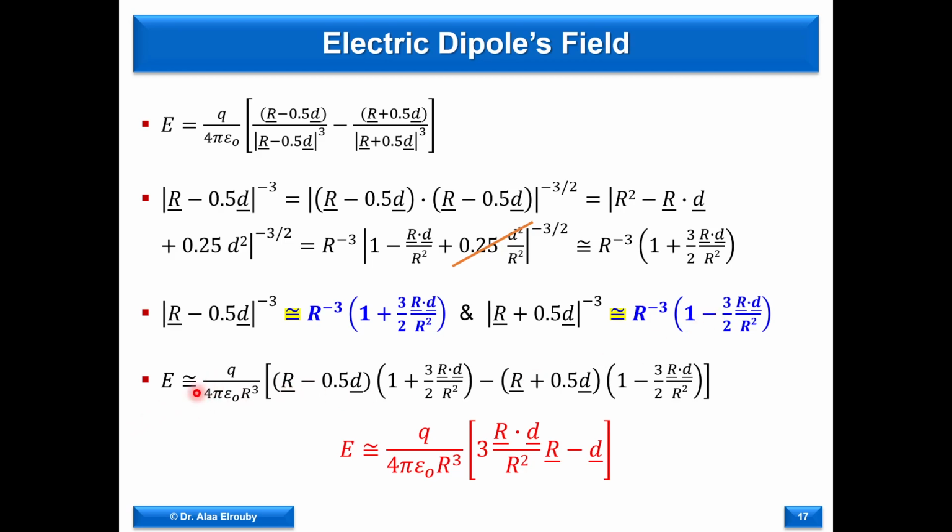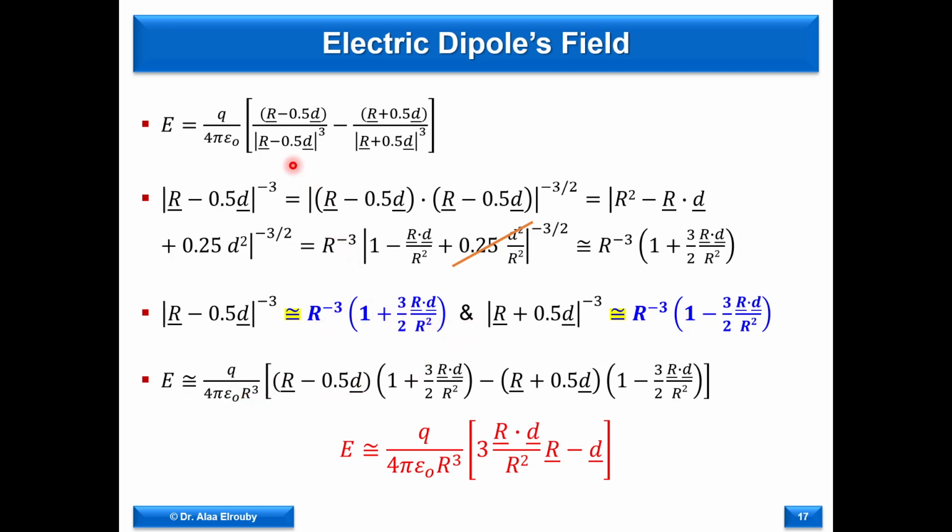So the electric field now, if we want to write this expression again after this approximation, it will have this expression here. Q over 4 pi epsilon naught is common. Now r to the minus 3 is common, it would be here.